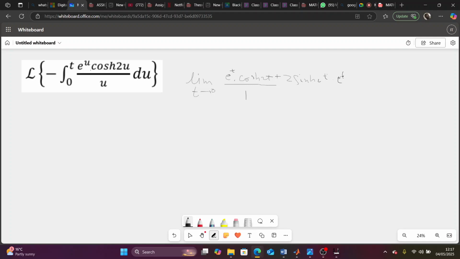So now, Mr. Trinici, when we substitute via our calculator, what do we get? The exponential here will give 1. So what is cosh of 0 plus 2 sin of 0?